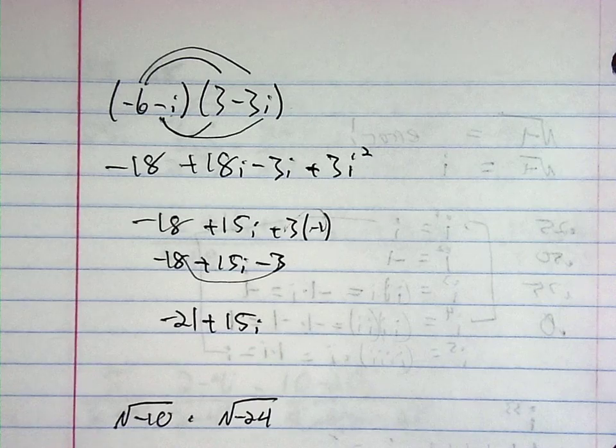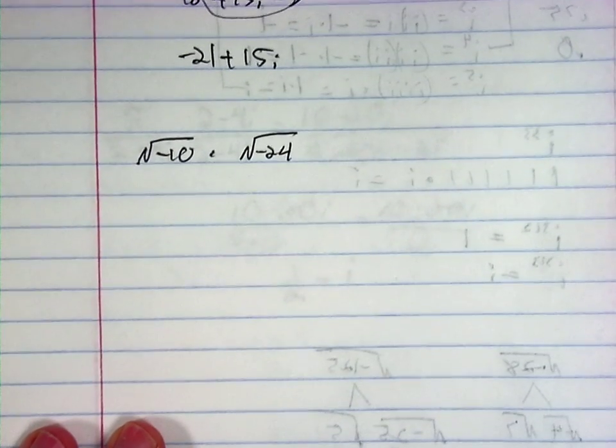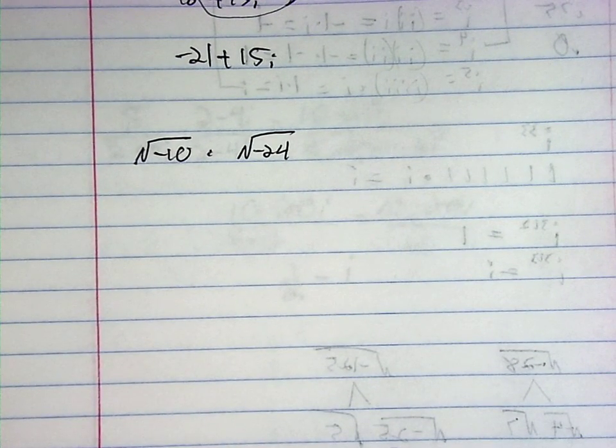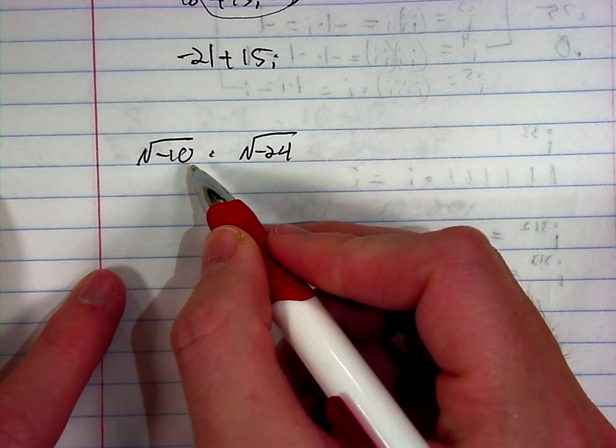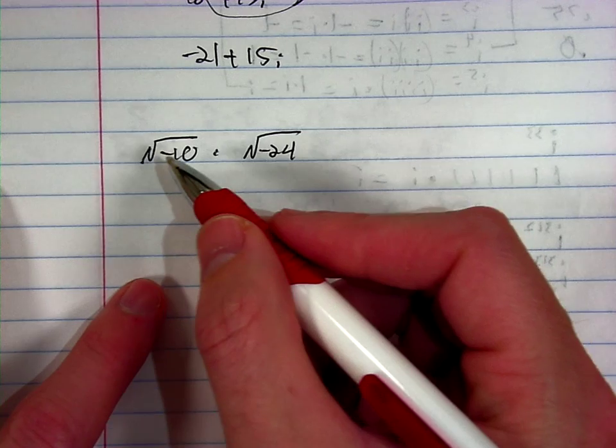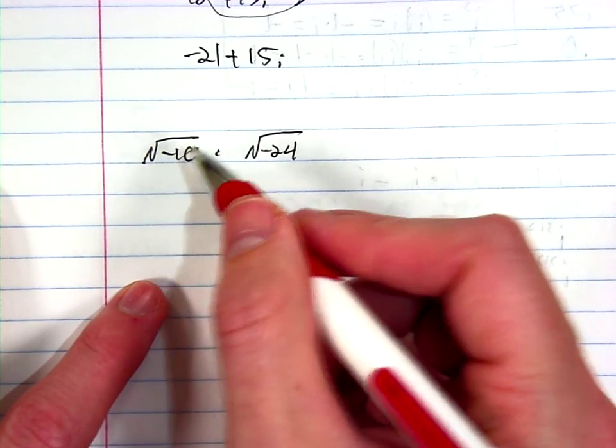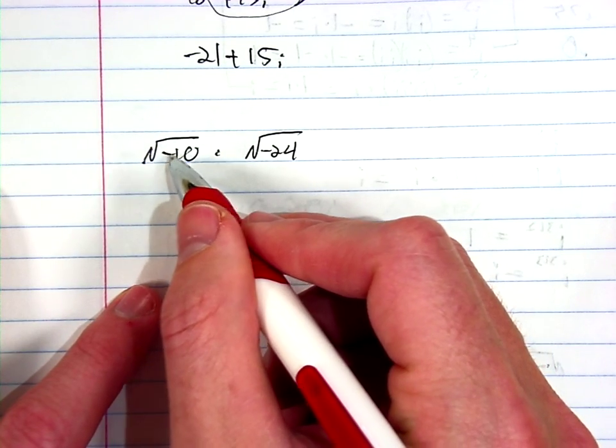When we're doing a combo one here with 2 square roots, you want to reduce as much as possible first, then multiply, then reduce again. What do I mean by that? Well, this first one here, there's no perfect squares that go into 10, but it's a negative 10. Let me take care of that negative.